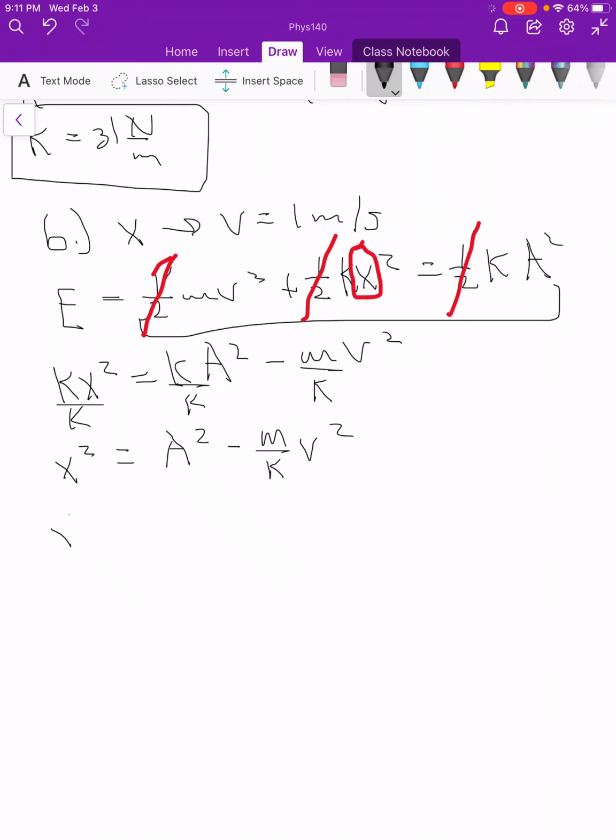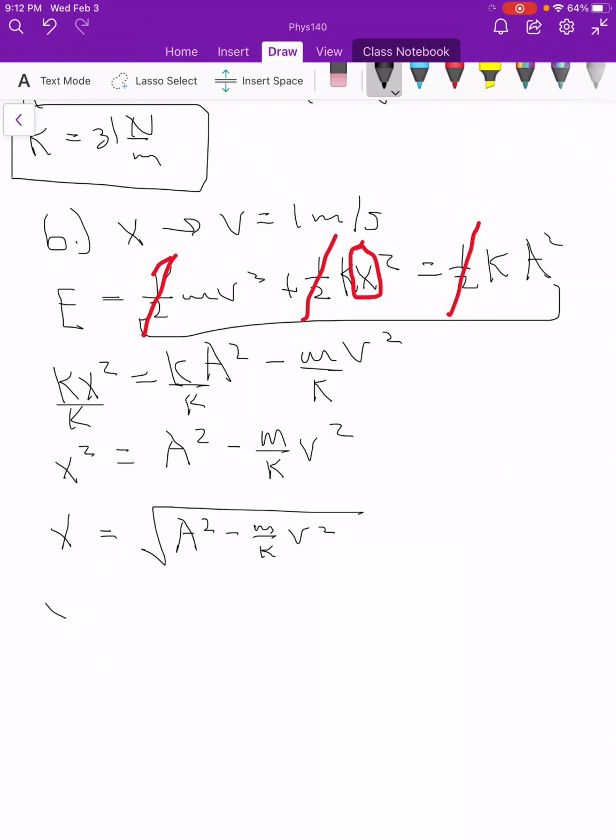So now we can say x is equal to the square root of a squared minus m over k v squared.